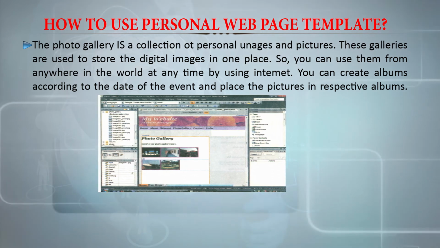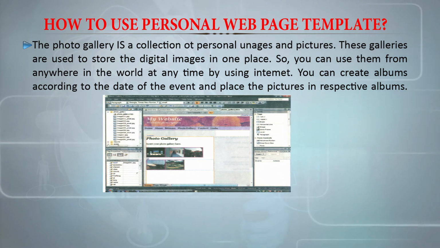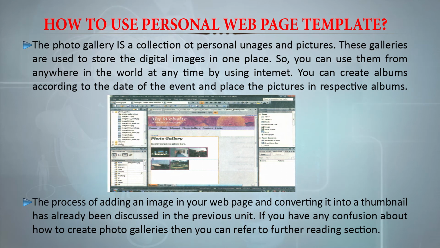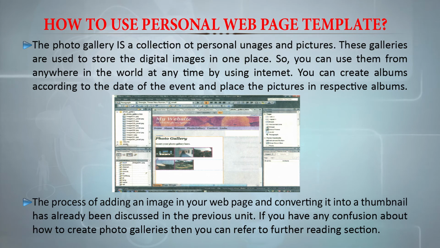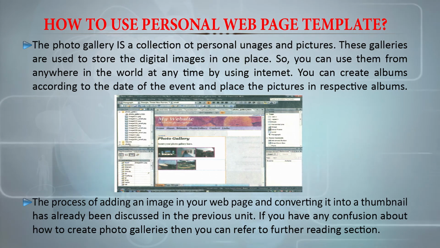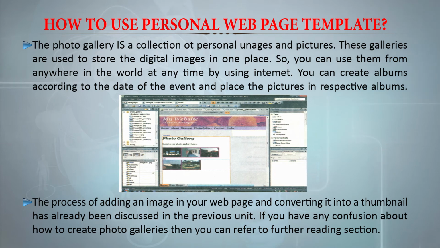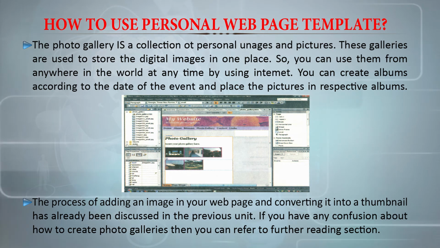You can create albums according to the date of the event and place the pictures in respective albums. The process of adding an image in your web page and converting it into a thumbnail has already been discussed earlier. If you have any confusion about how to create photo galleries, then you can browse through my earlier discussions, or you can browse through the course content or the study material that is available.